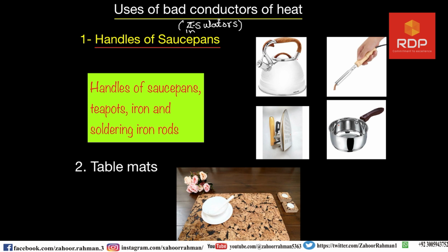You can see in the picture that there is a table mat of cork on the meeting table. So if you are putting a hot kettle or saucepan, you can reduce the damage to the tabletop at the cost of that table mat, which is made of cork. So that is also a use of this.